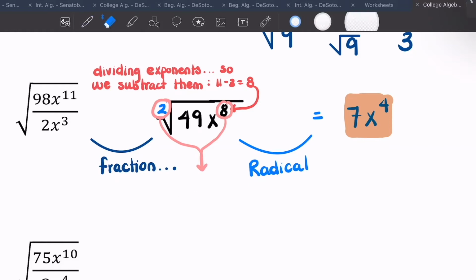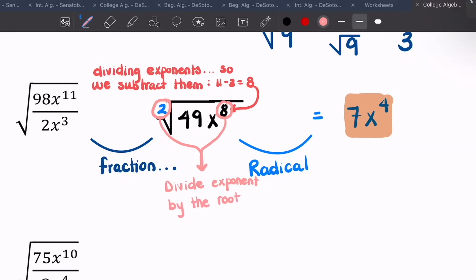We said, I'll just write it in words, that we divide the exponent by the root. Okay, so we say, all right, so we have 8 divided by 2 gives us 4. Okay.